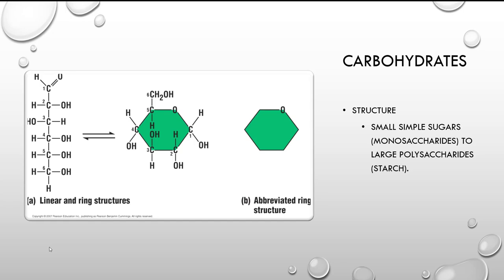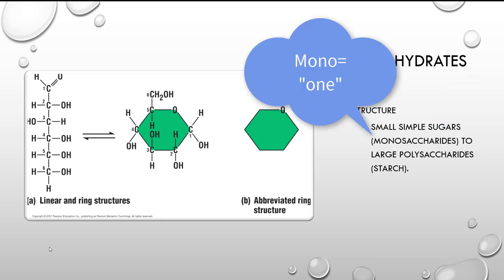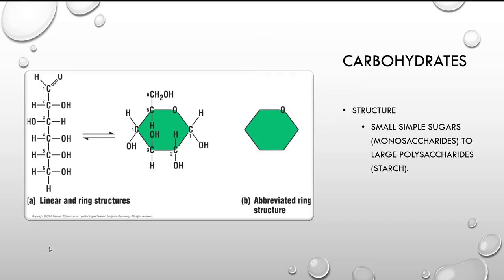But when we add multiple monosaccharides together, we will form a polysaccharide. So think poly means many, saccharides means sugar, versus mono means one, so a monosaccharide would just be the monomer. So multiple monosaccharides together form a polysaccharide.